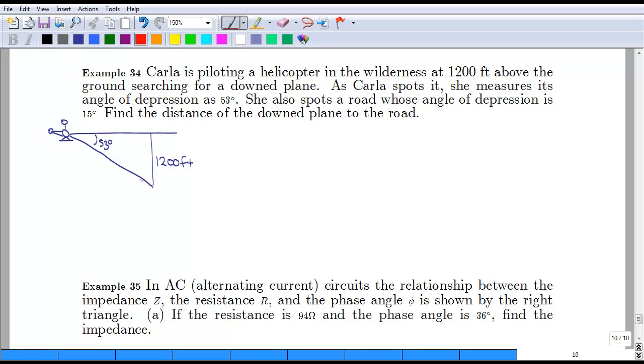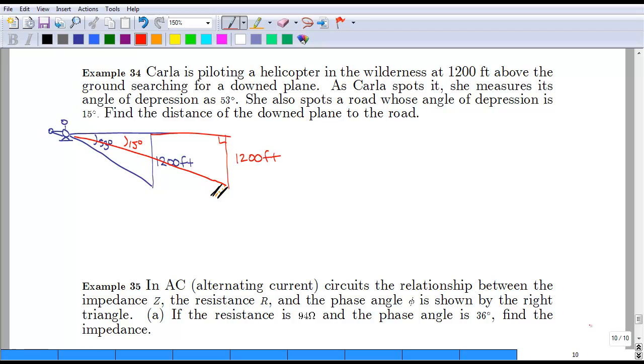Now, if we look at the road, on the other hand, so she's looking over here at a road, in this case, I'm going to draw this with a different color. This was at an angle of depression of 15 degrees. Again, if we draw our height up, we end up with 1,200 feet.